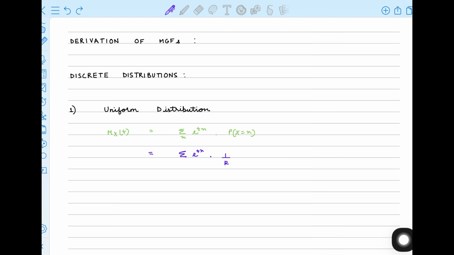For such a distribution, the value of x begins from 1 and goes all the way up to a certain number k. Therefore, the summation will take place over the range of x, which is from 1 to k. Let's bring out the constant term.